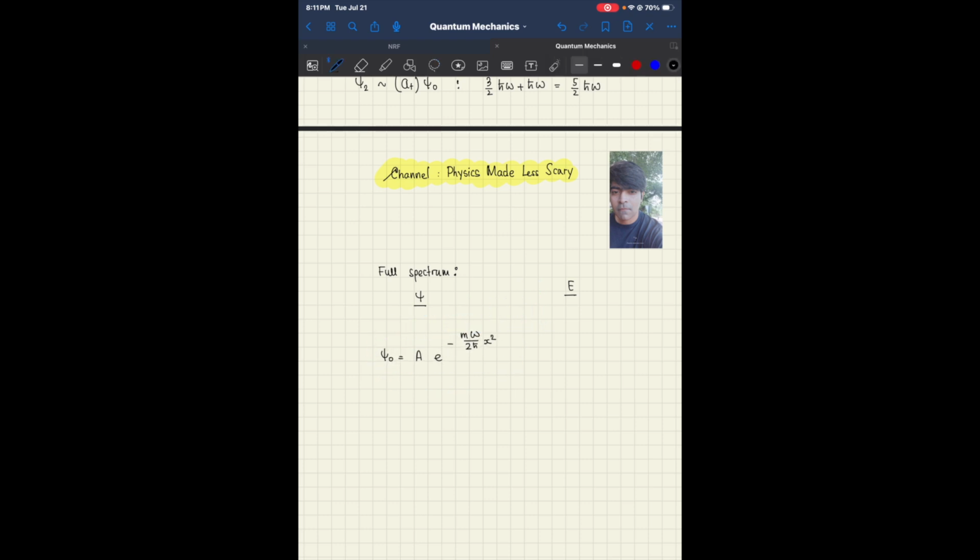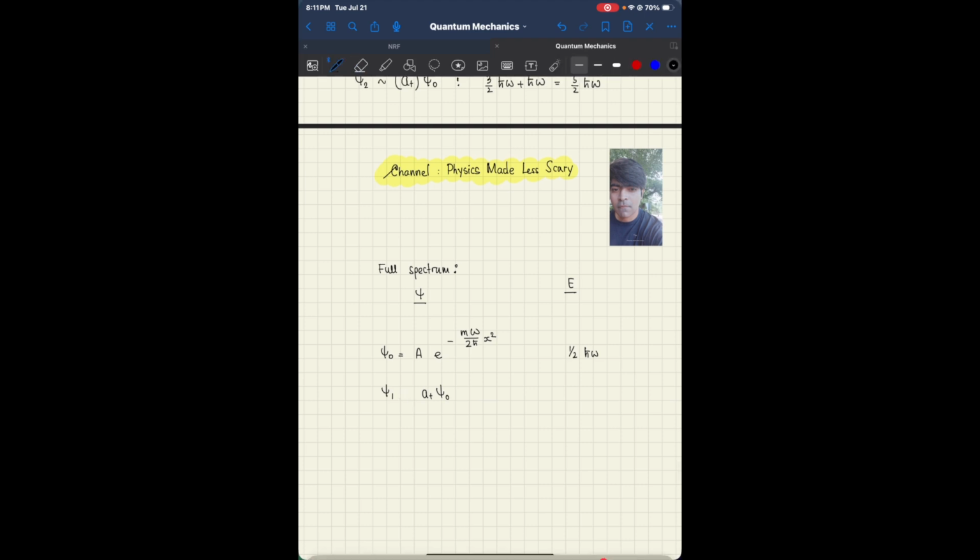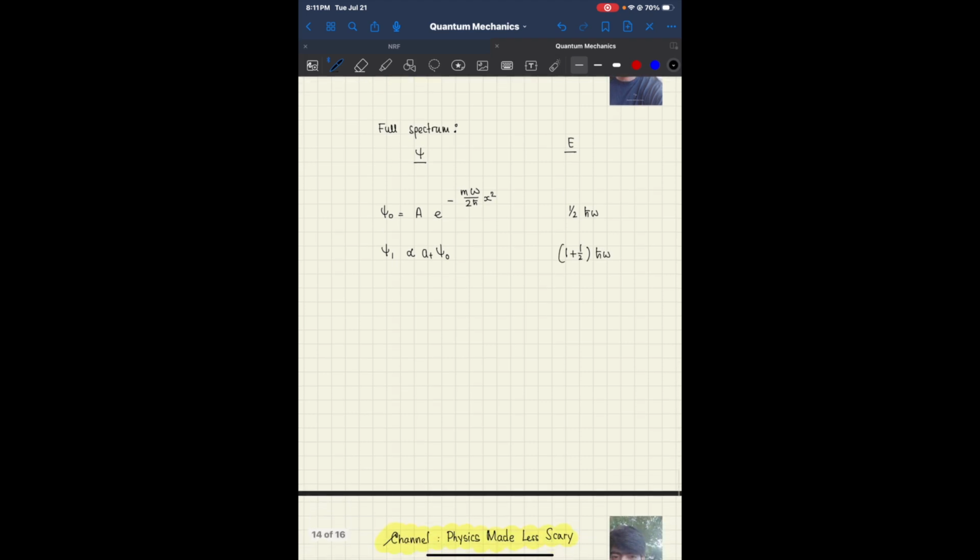This is the eigenvalue, half h cross omega. Psi 1 is proportional to a plus psi 0. I shouldn't write equal to, it's proportional. It would have eigenvalue 1 plus half h cross omega, and so on and so forth.